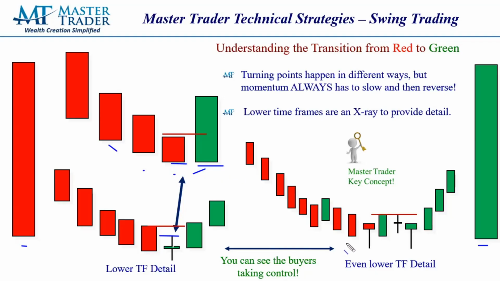If we went down into a smaller time frame, we might see these bottoming tail bars and a retest and a more detailed pattern. Does it mean that we have to go down here? No, because our method requires that prices trade above a prior bar's high for entry. So what's happening between these bars, even if we don't see it, we don't need to, because this is what's going to give us our entry point.